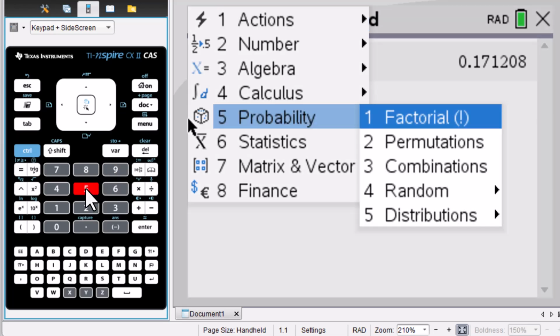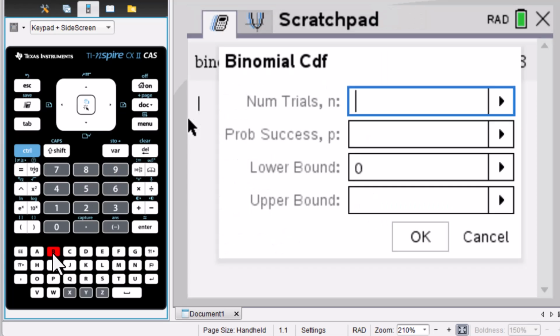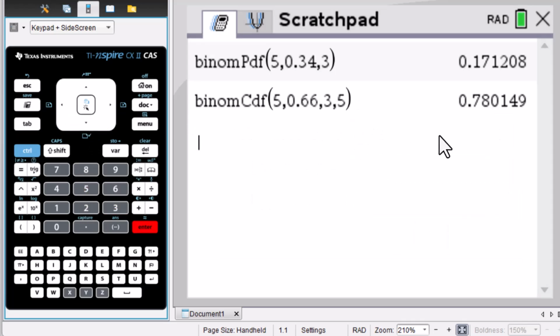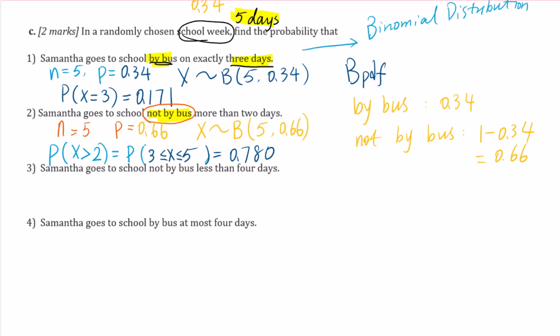Menu 5, go to B. Binomial CDF. N is 5. Probability is 0.66. Lower bound 3. Upper bound 5. Enter, enter. 0.780.